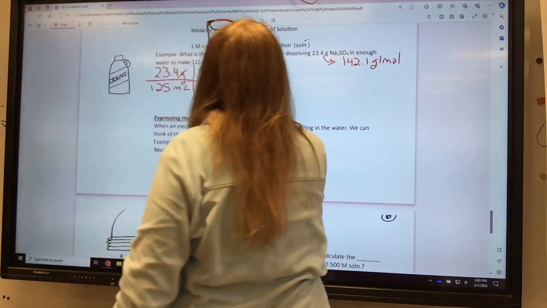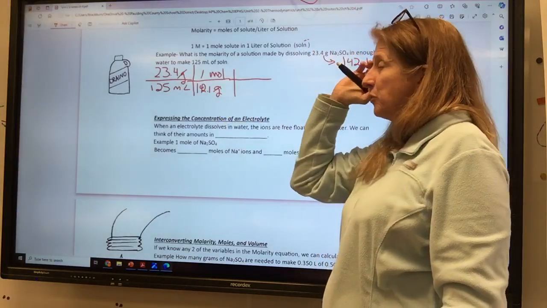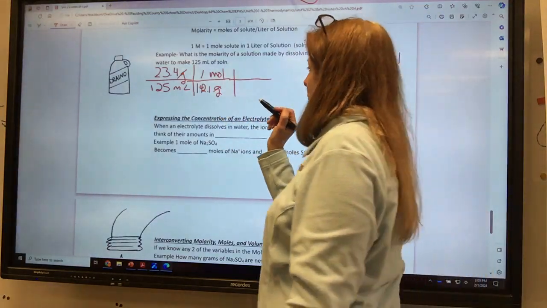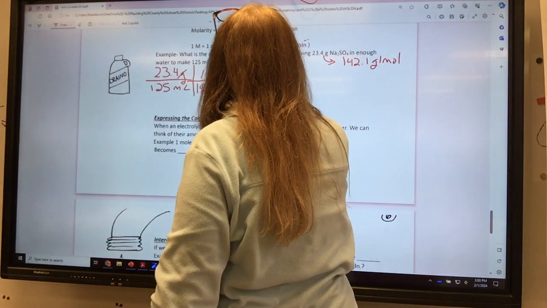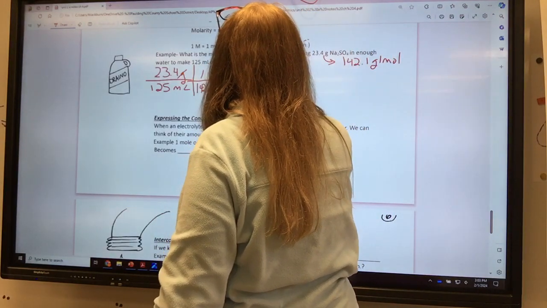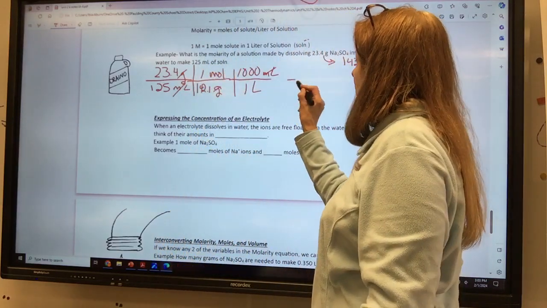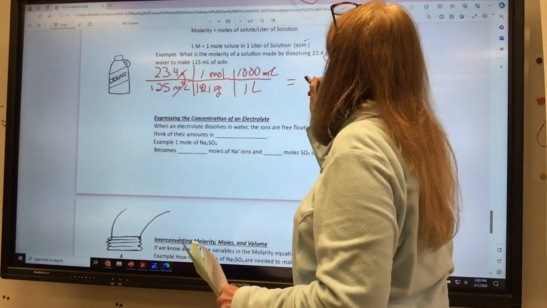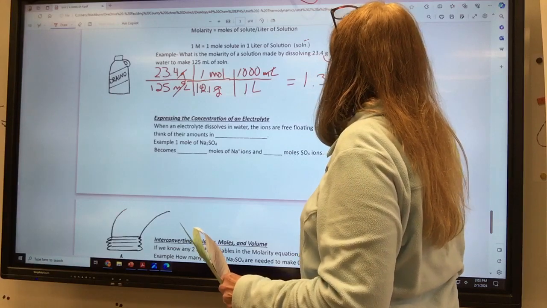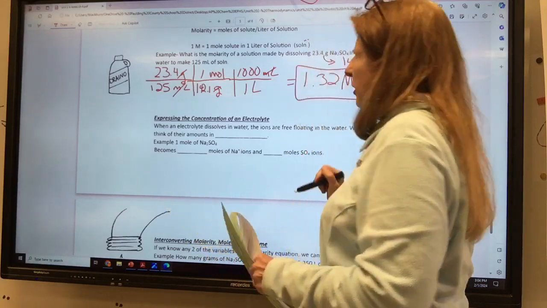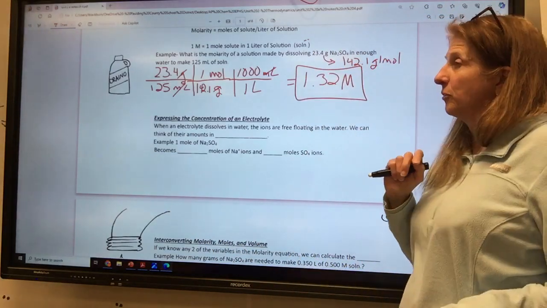No. I'm supposed to have moles per liter. What's the relationship between milliliters and liters? That's right, 1,000 milliliters in 1 liter. Milliliters cancel out. I've got moles per liter. That's the right units for molarity. 1.32 big M. We could put square brackets around it, but I put a box around it.